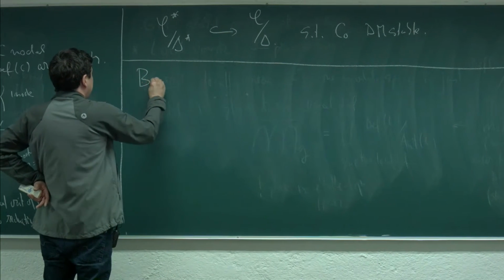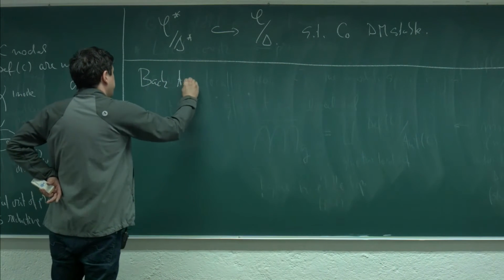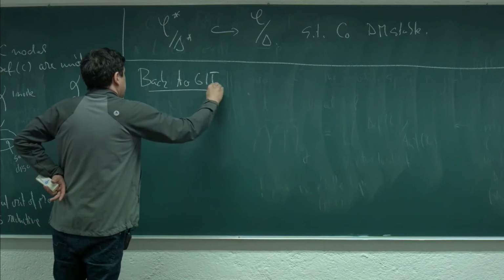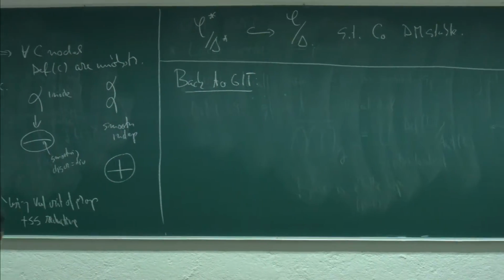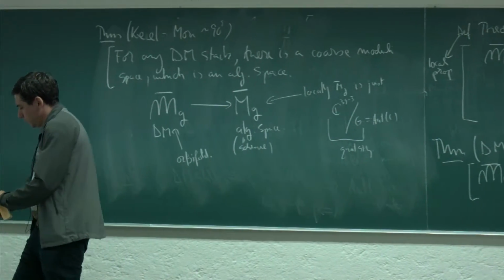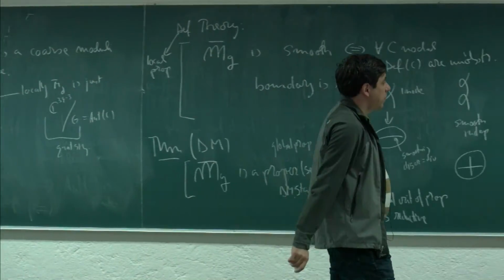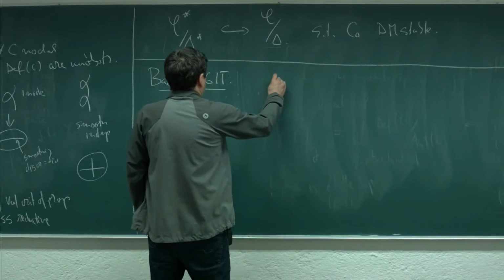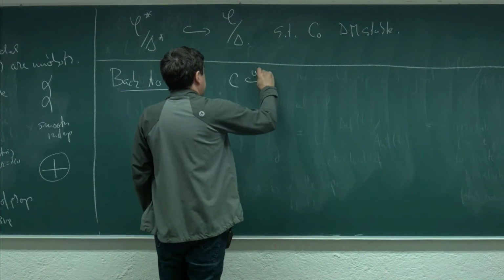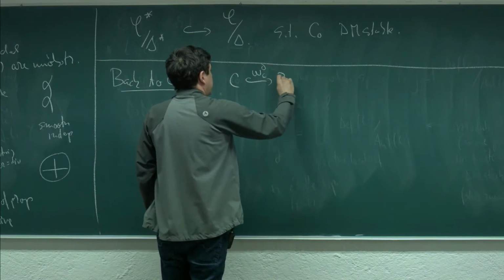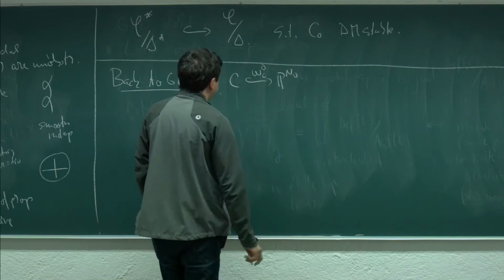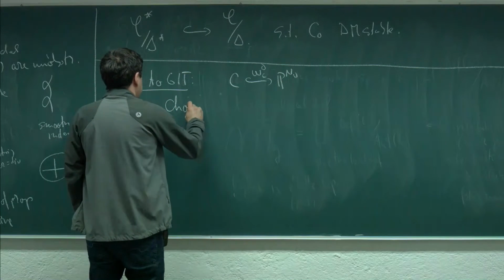So let's go back to GIT. As I said, we embed using omega_C^mu into P^N, and we are taking, say, the Chow variety.